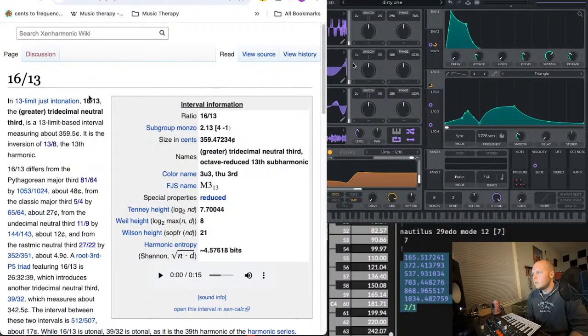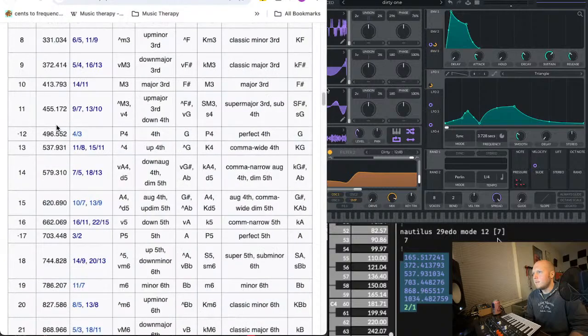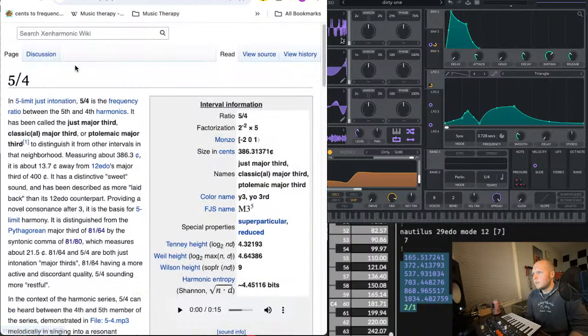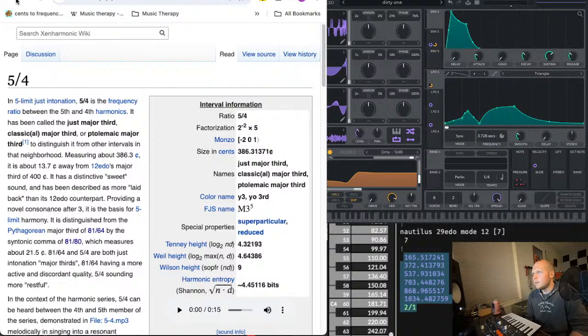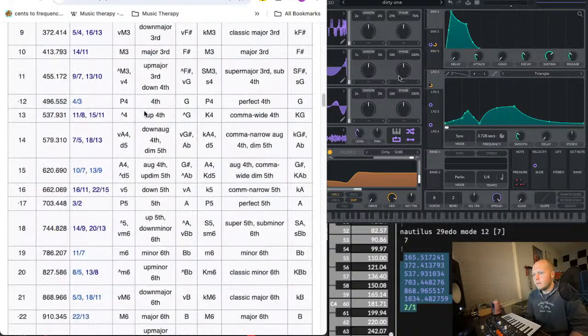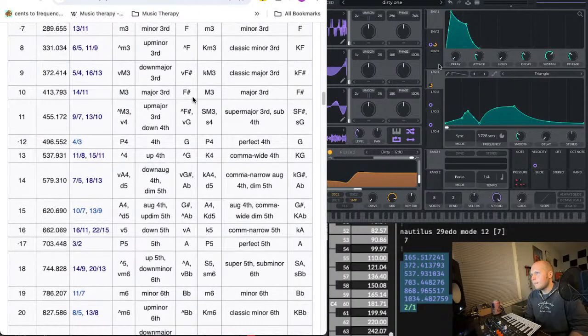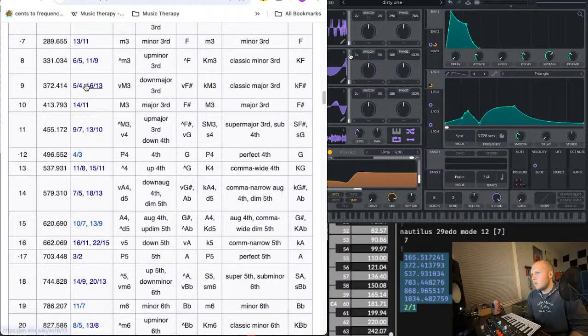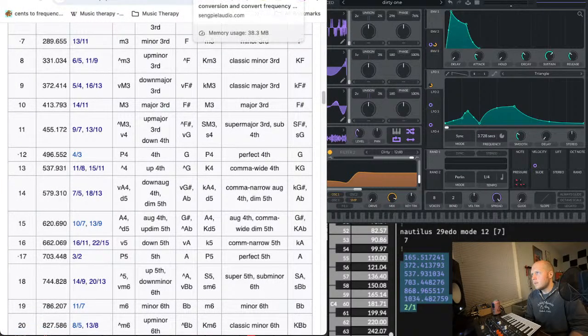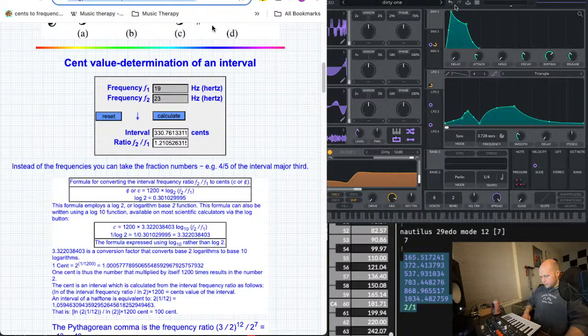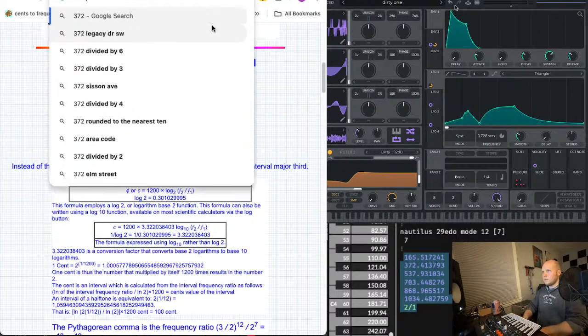This is 372. This is 359. And this is like 384, 386, I'm sorry. Let's not get that confused. I wonder what would happen if I just type in 372 cent interval.